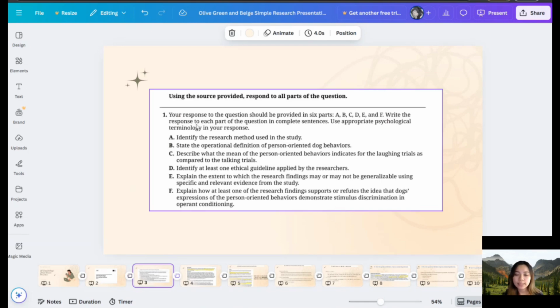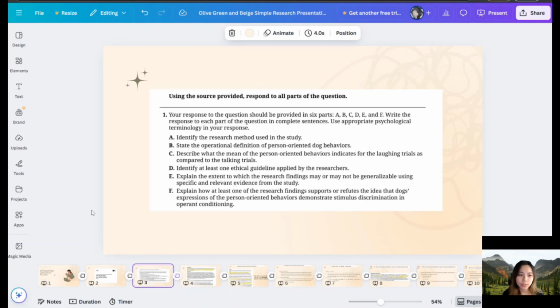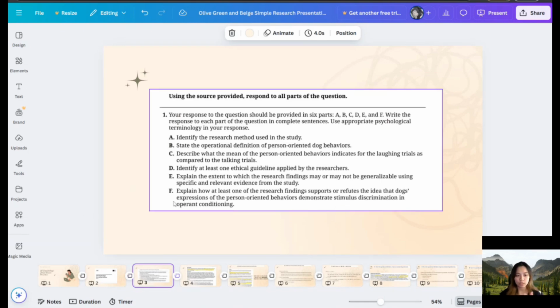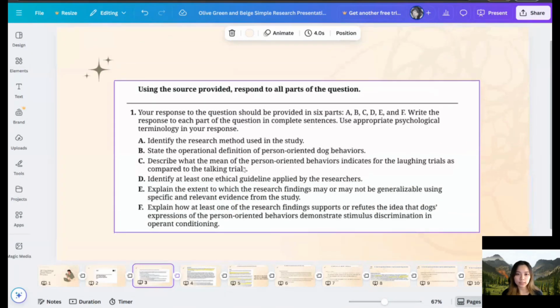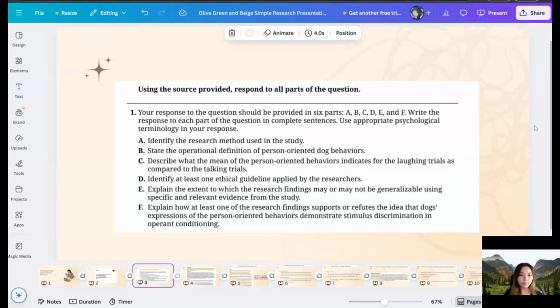Okay, I will not present the slides right now because we're going to switch from the Canva to the PDF. So it's a little bit ugly right now, but let's just get started like this. Before we talk more about the free response itself, let's talk about what you will do during the FRQ.